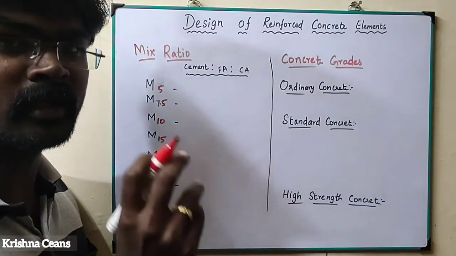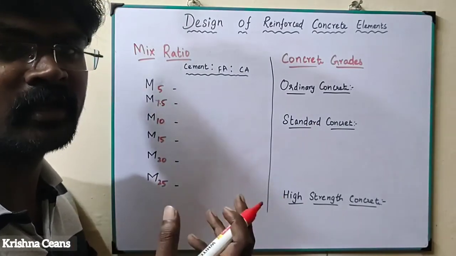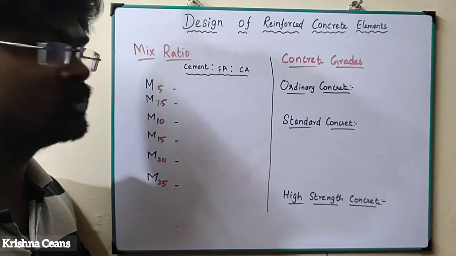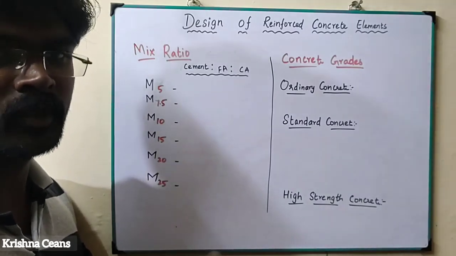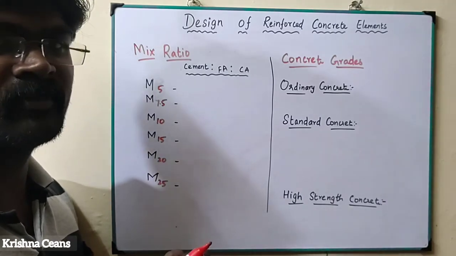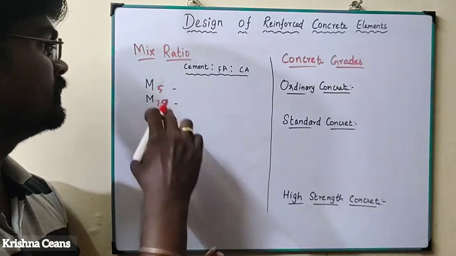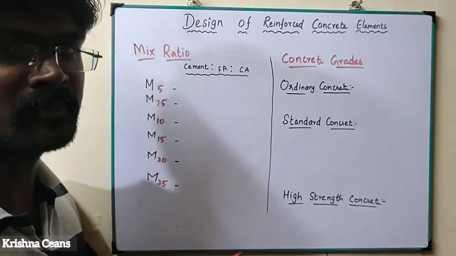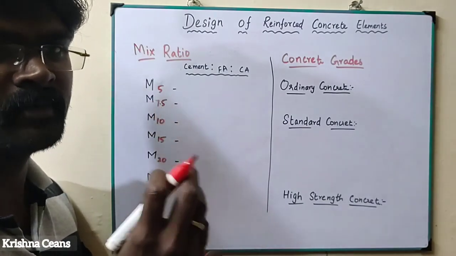We cure the concrete for 7 days, 14 days, 21 days, 28 days. After 28 days we take the compressive strength using a UTM, universal testing machine. At that time we get the strength of the concrete. That strength is 5 Newton per mm square for M5, and M7.5 is 7.5 Newton per mm square.